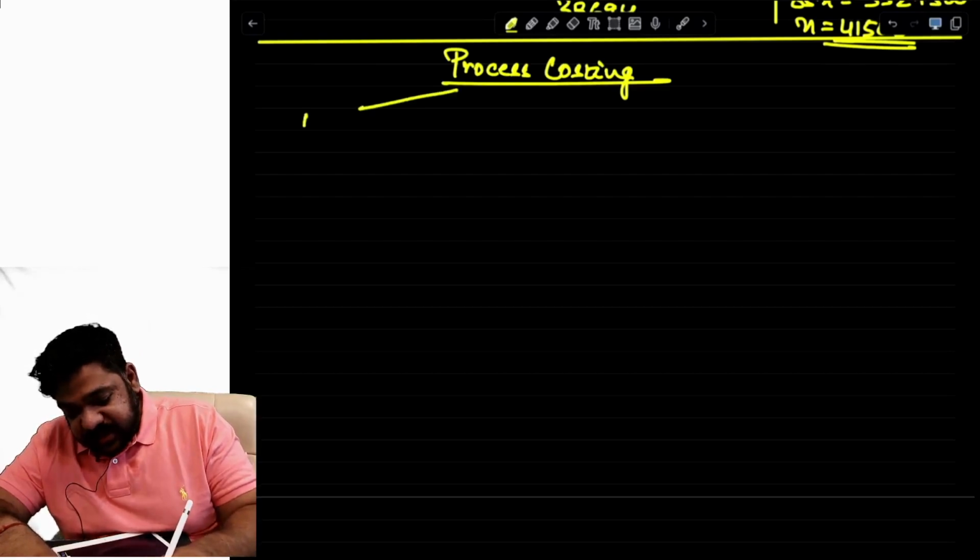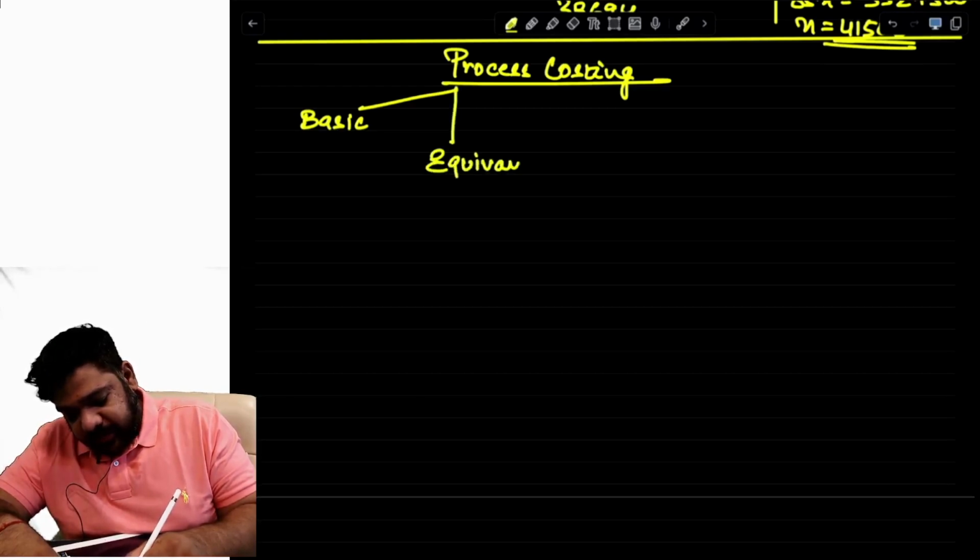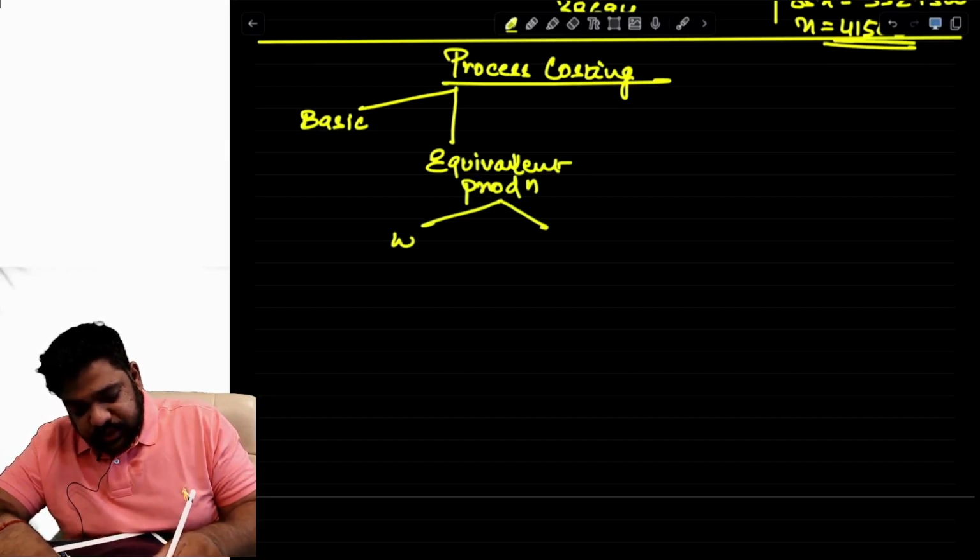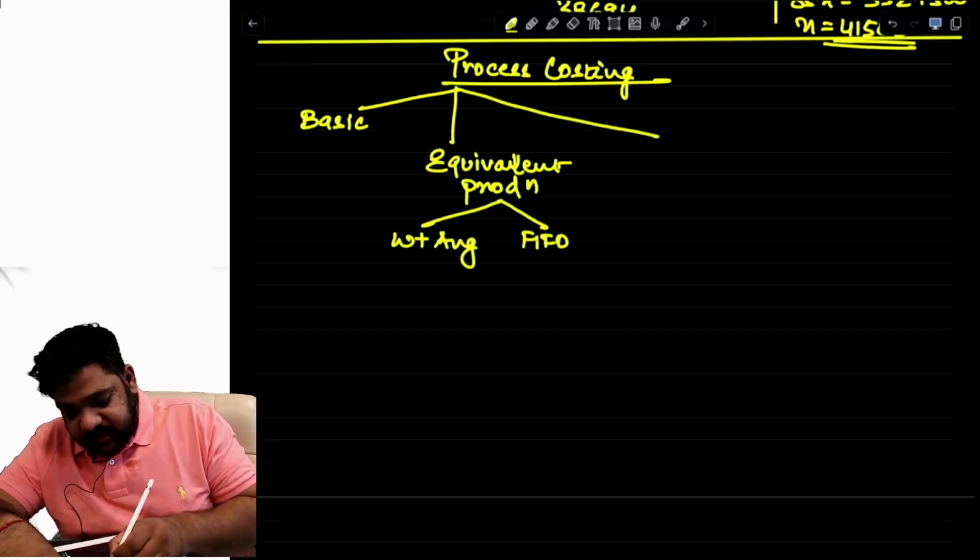You have the basic type, the equivalent production type, under which you have weighted average and FIFO, and then you have the miscellaneous type.